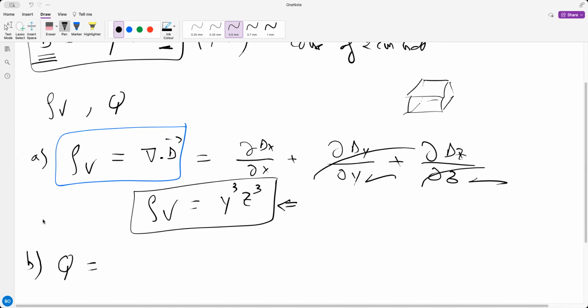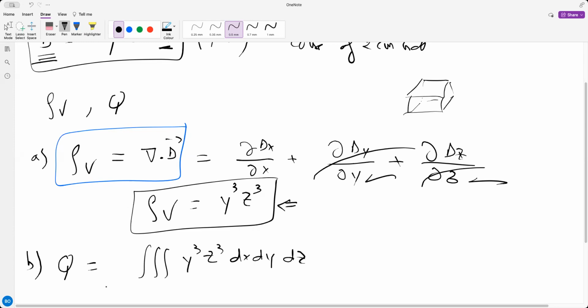Okay. Can anyone tell me how can I calculate the total charge? We have the volume charge density, and you want to calculate the total charge. It is a cube, so you have to integrate over x, y, z. You have to integrate dx, dy, dz.